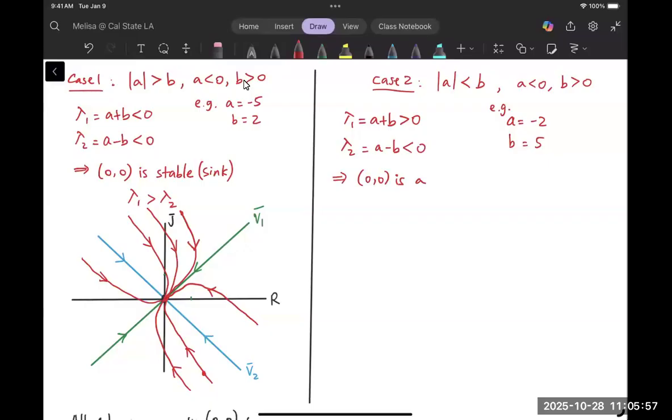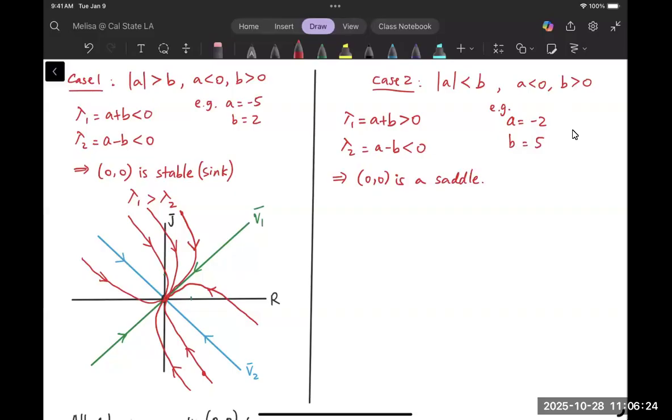What do you think? Anyone? So it's a saddle, right? When one is positive and the other negative, you get a saddle.